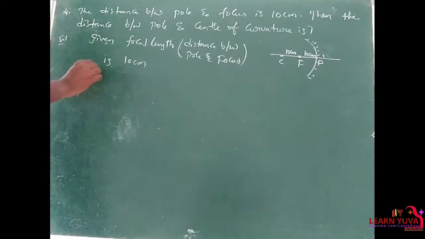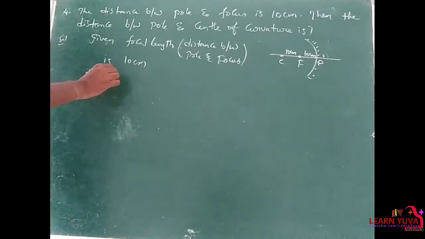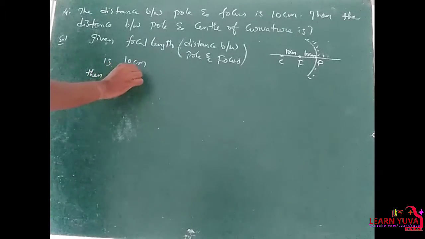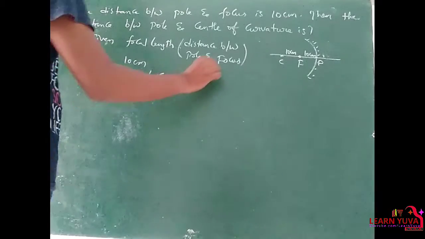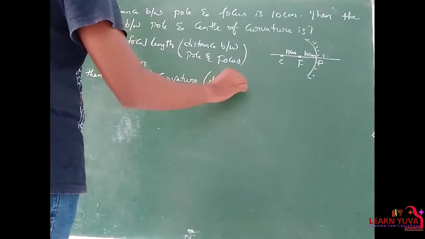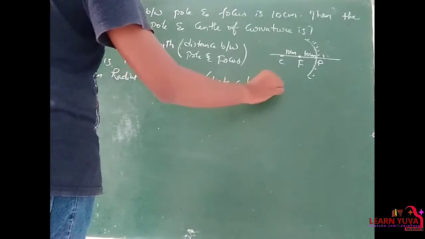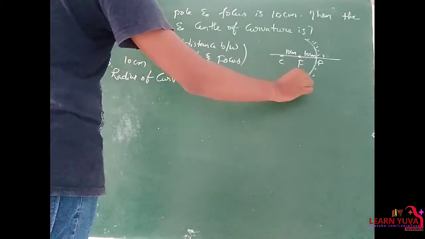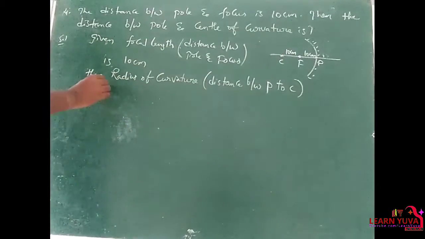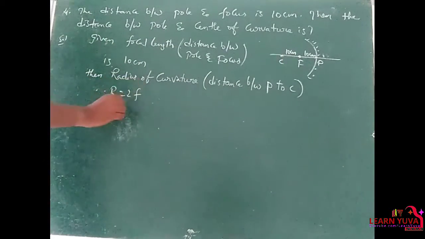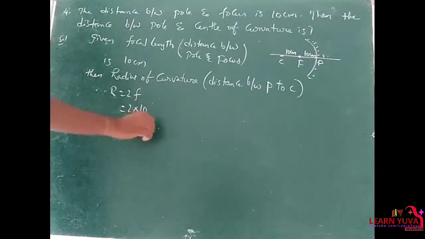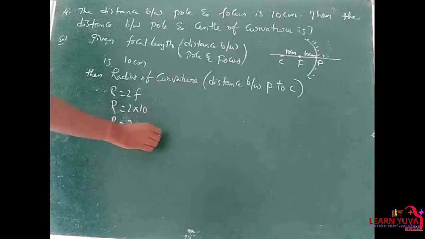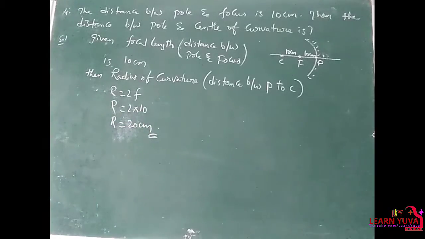Then the radius of curvature is nothing but the distance between P to C. Therefore, R is equal to 2F. So 2 into the F value 10, R is equal to 20 centimeters. That is the distance between pole and center of curvature.